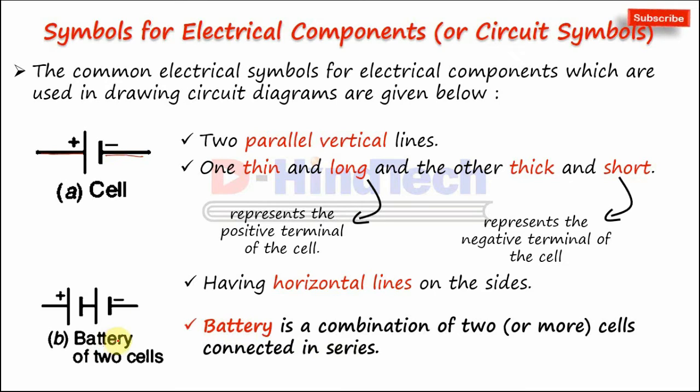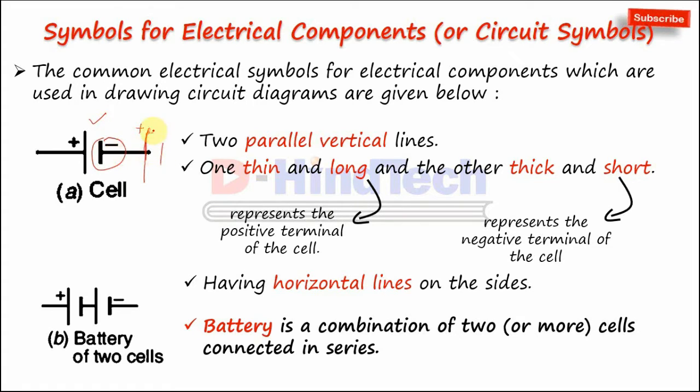Take this one single cell and join its negative terminal with the positive terminal, the vertical and thin line, of a second cell.